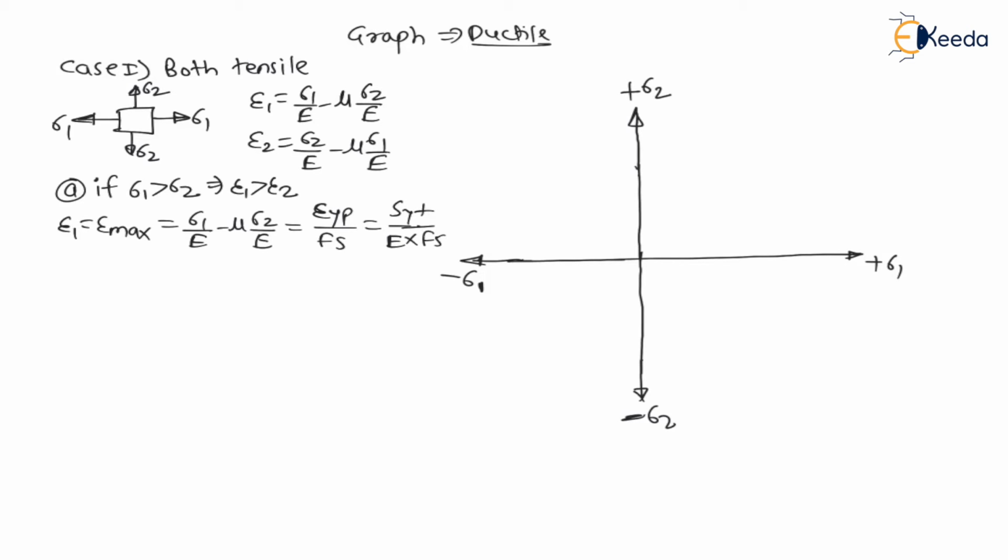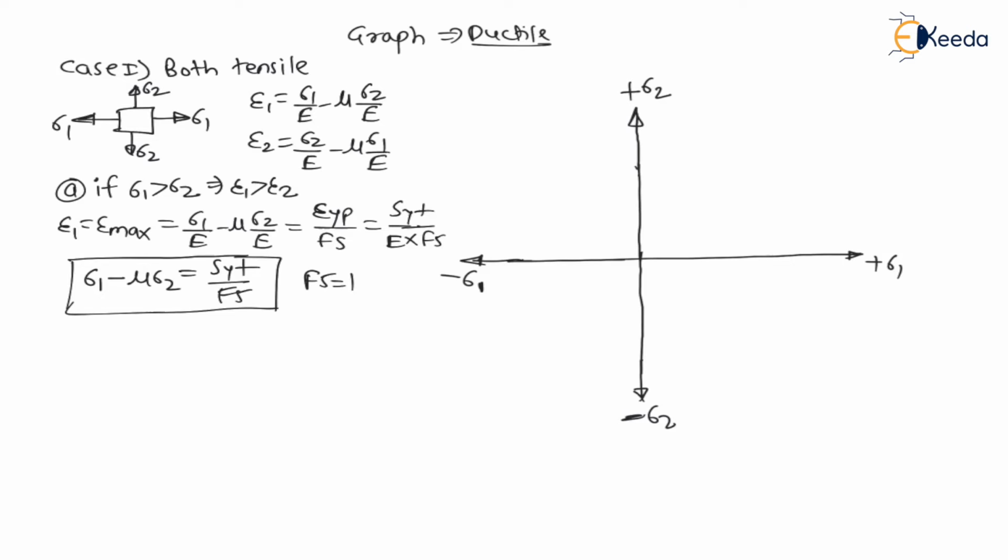This we have already explained, right? In the denominator E will get cancelled. Therefore, the equation becomes sigma 1 minus mu sigma 2 is equal to SYT divided by factor of safety.